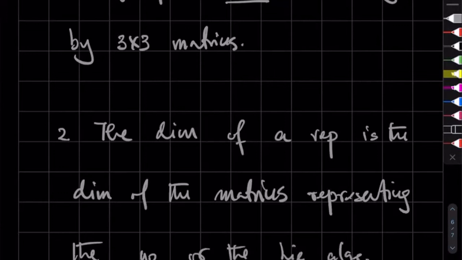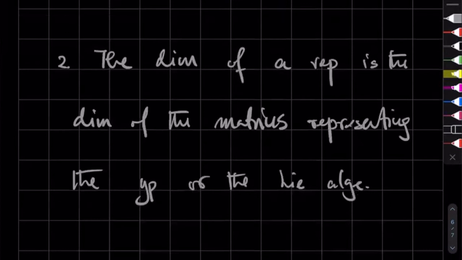So the dimension of a representation is a different concept from the dimension of the group.